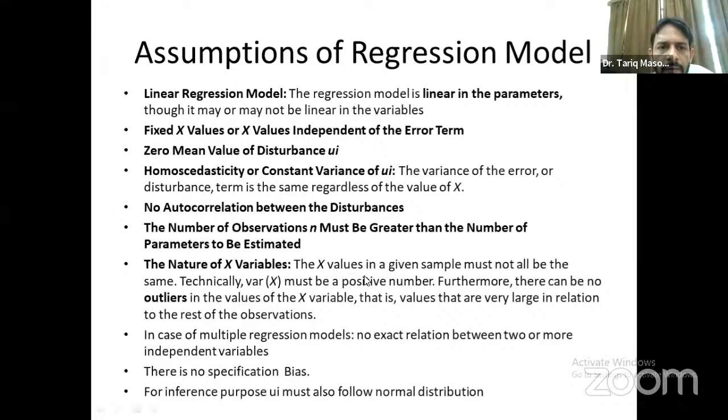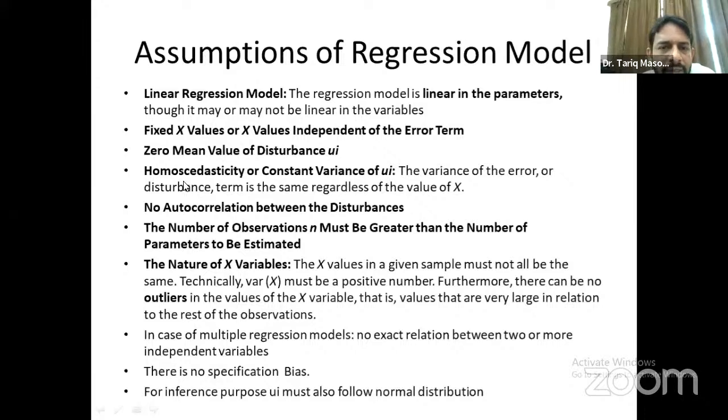Now, the mean value of the disturbance term Ui is 0. There are some positive disturbance terms and some negative disturbance terms around the population regression function, but on average, the value is 0. So some are above the line, some are below the line, but when we take the average, that average is 0.